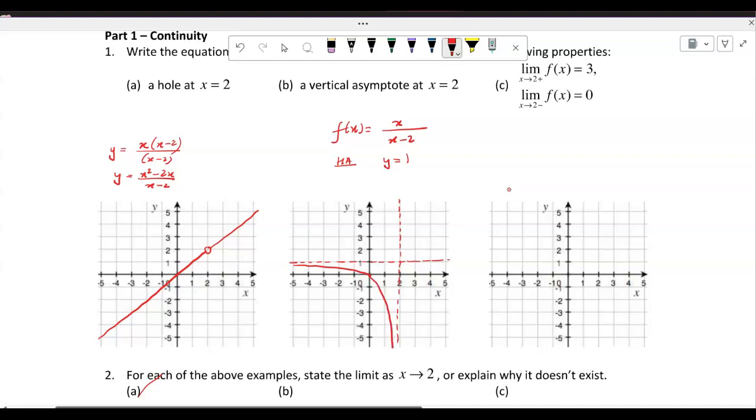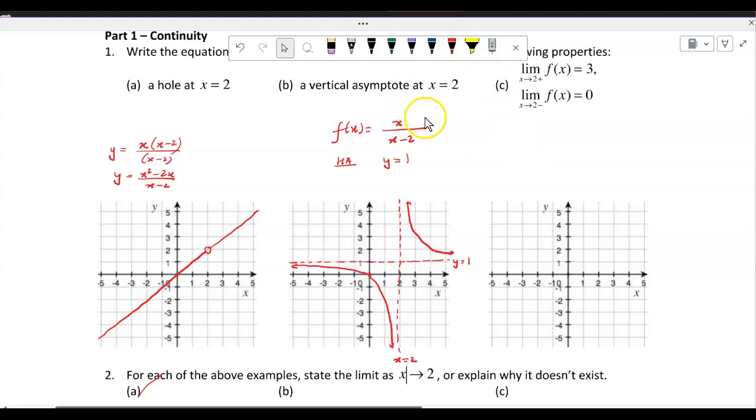So it will pass through the origin like this. 0 upon 0 minus 2 is 0, a number, not undefined. So your horizontal asymptote is y is equal to 1. This is x is equal to 2. So that's a vertical asymptote.